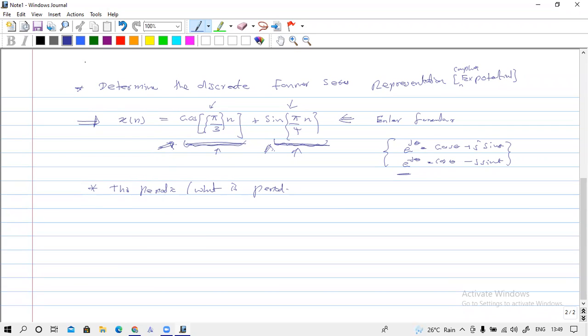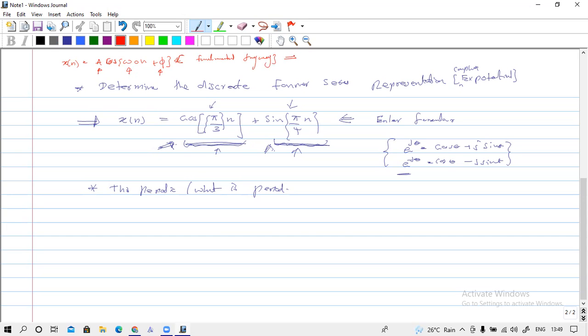If the signal is in the form A cos(ω0 n + φ), whether it is a continuous or discrete signal, no matter, this is the amplitude, this is the phase shift of the signal, and ω0 is the fundamental frequency.